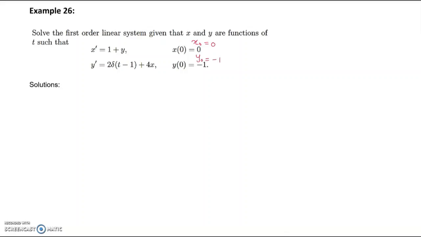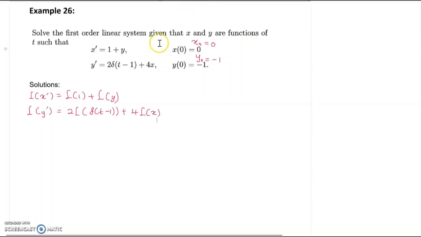Okay, so first of all, we rewrite the equations in terms of Laplace notation. So we have Laplace of x prime equals Laplace of 1 plus Laplace of y. And for the second equation, Laplace of y prime equals 2 Laplace of delta(t minus 1) plus 4 Laplace of x.